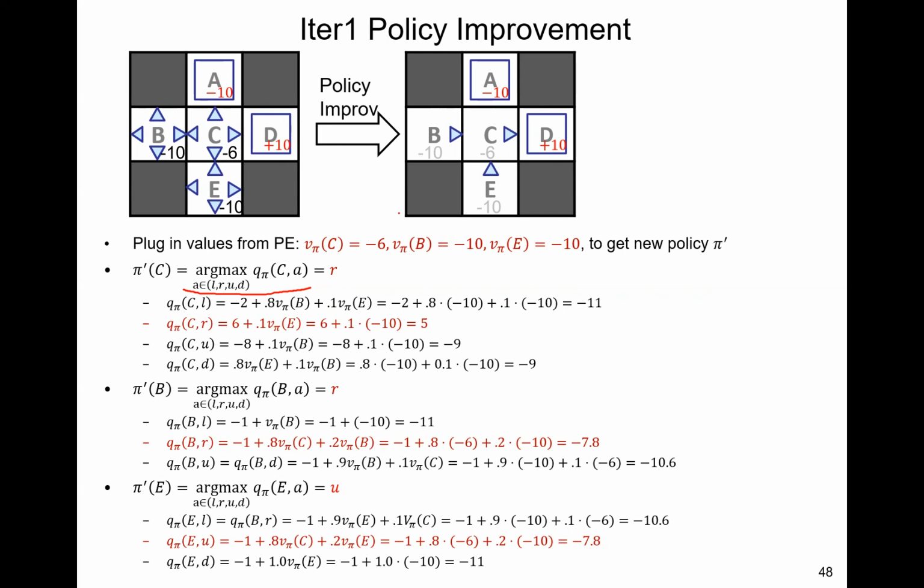So the decision now is to go up, go right from C, go right from B, and go up from E. So now the original old value functions are now invalid, shown in a gray font.